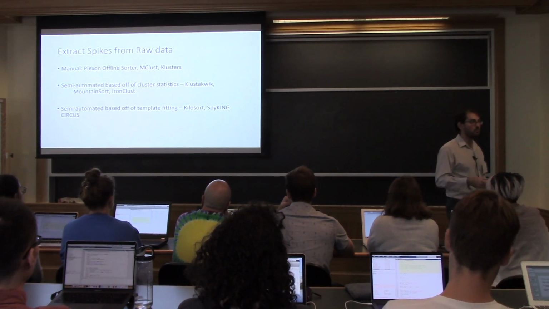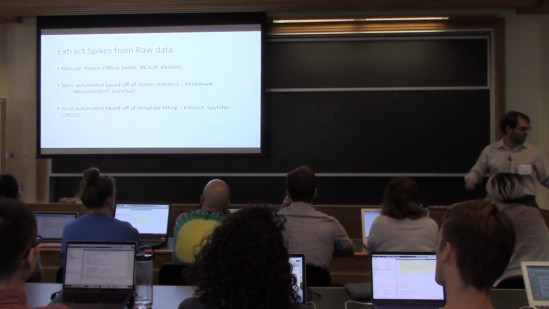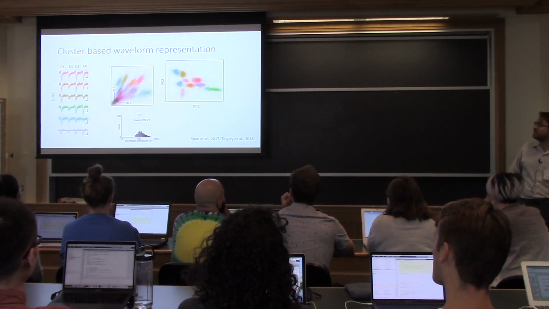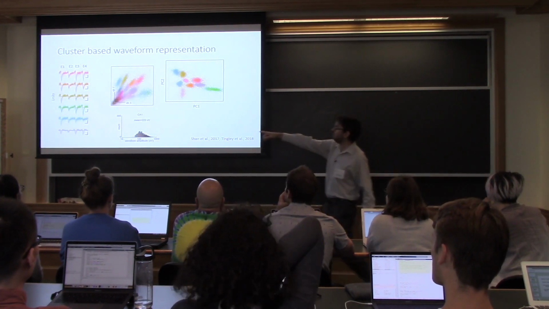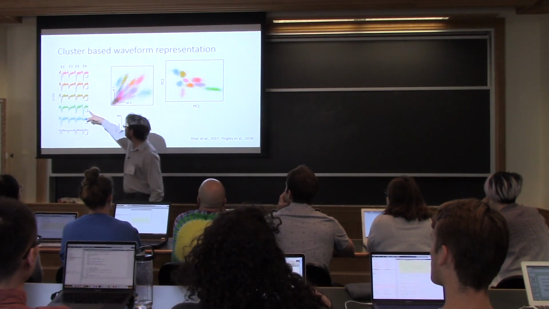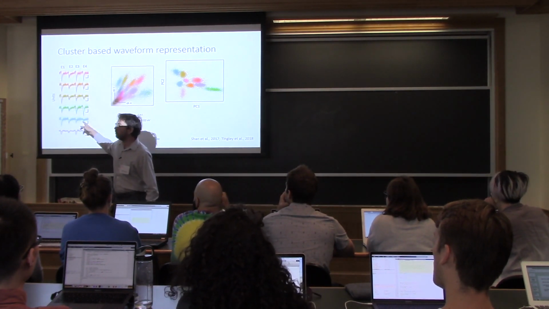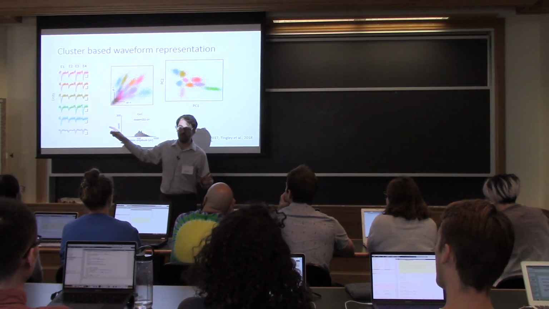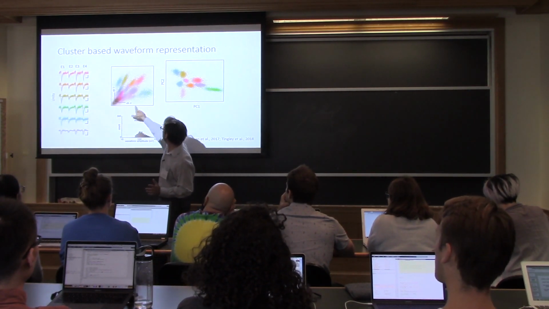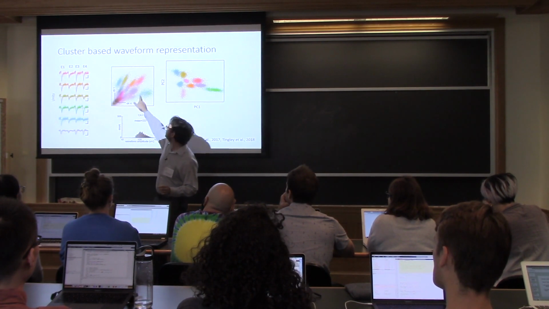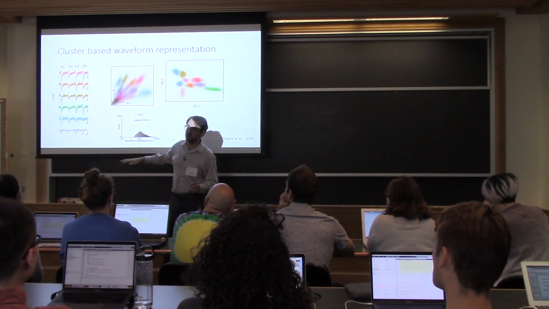And the benefit of doing these template-style analyses over the clustering-style analysis is, imagine if you have two spikes that are happening at the same time. Let's say these two neurons are firing at once. What you're going to get is a summation of the two signals. So you're going to get some weird-looking waveform, and you're not going to have a cluster somewhere. It's going to be somewhere out here. And so when you're doing this kind of cluster-based analysis, those are going to be dropped.